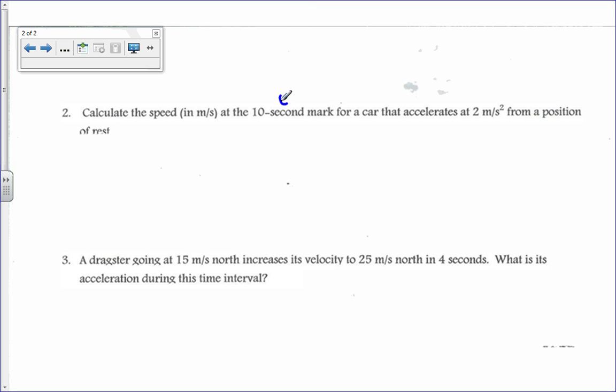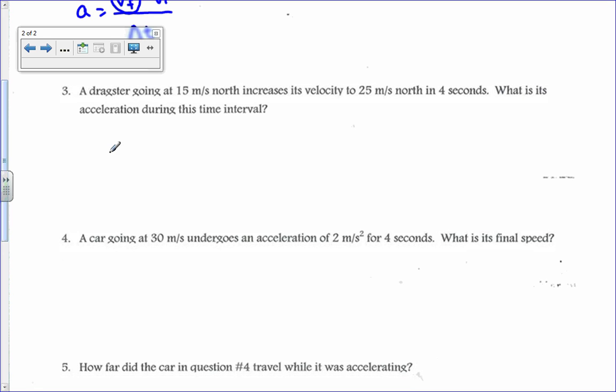You have time, you have acceleration, you want final velocity, and initial velocity is going to be 0. So acceleration is final velocity minus initial velocity over the change in time. I'm going to let you be challenged on this one. See if you can solve for final velocity.